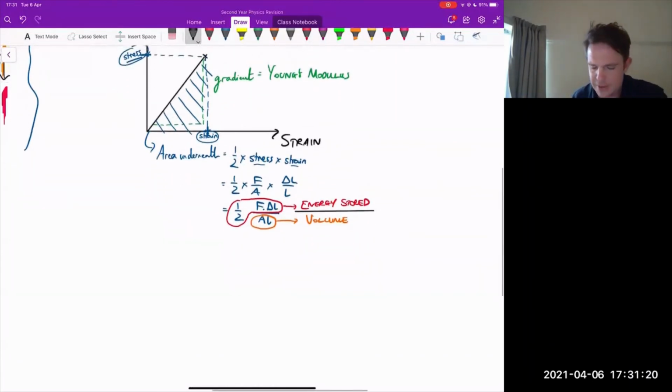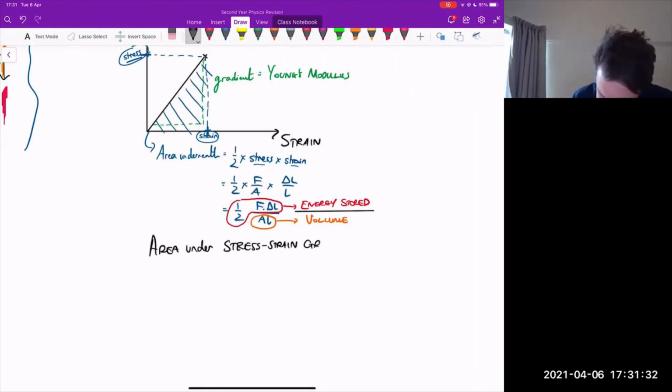You find the area underneath the stress strain graph. So let me write that in full. So the area under the stress strain graph is the energy stored per unit volume.